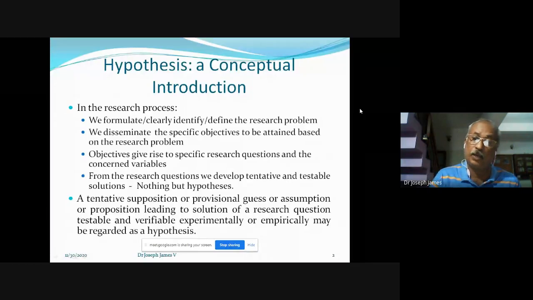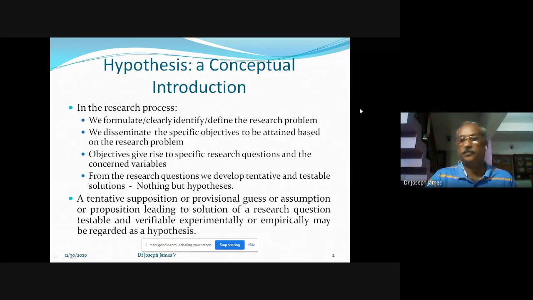experimentally or empirically. Actually, experimental verification is done in case of physical sciences, and empirical verification is done in social sciences, as our laboratory is the society. And therefore, we have to make an empirical verification, and such a tentative supposition may be considered as a hypothesis.